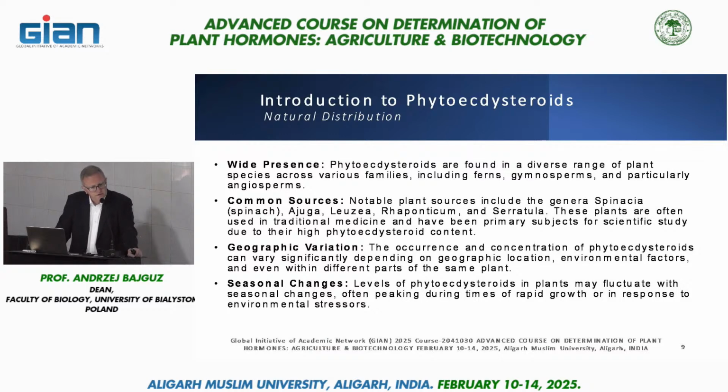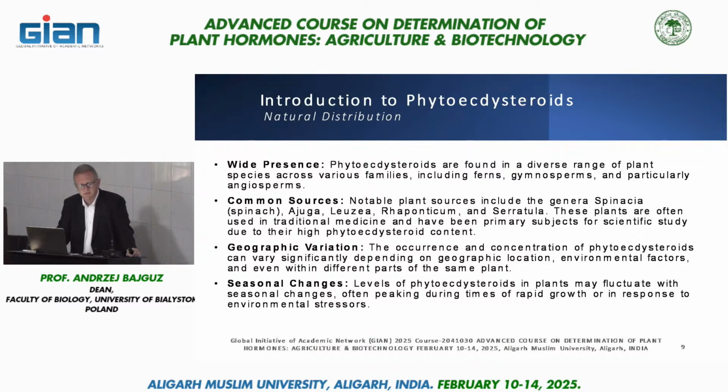The levels of phytoecdysteroids in plants are not fixed. They fluctuate based on environmental factors, including geographical location. So different regions have varying plant chemotypes, meaning the same plant may produce different amounts of phytoecdysteroids depending on where it grows.